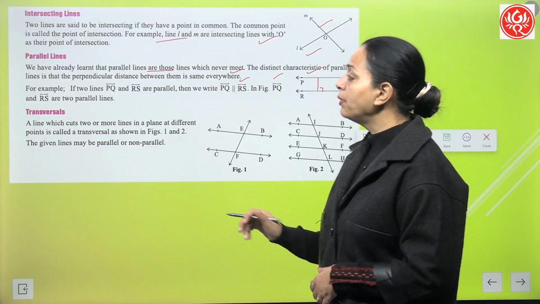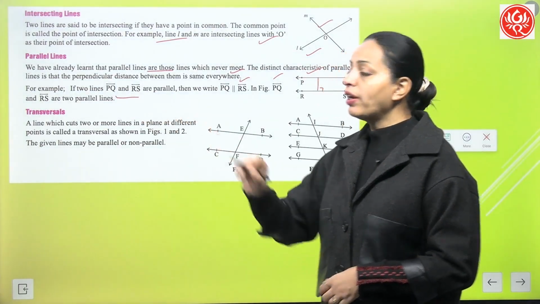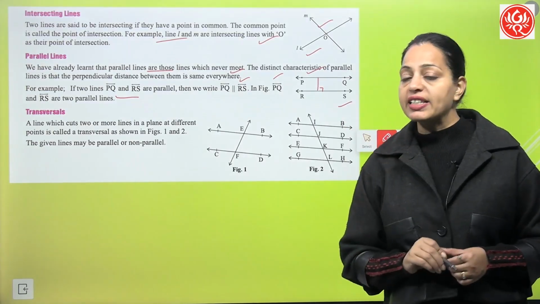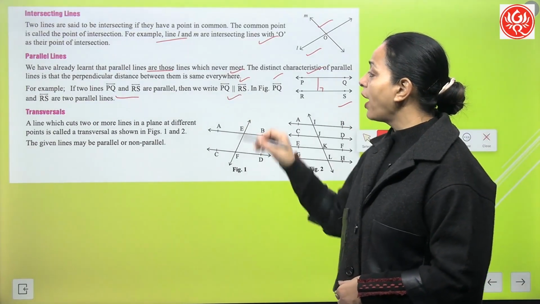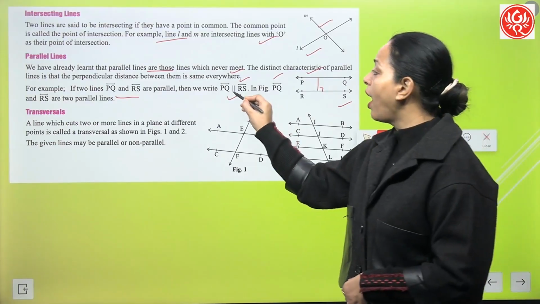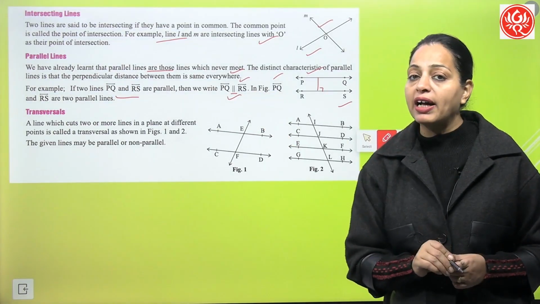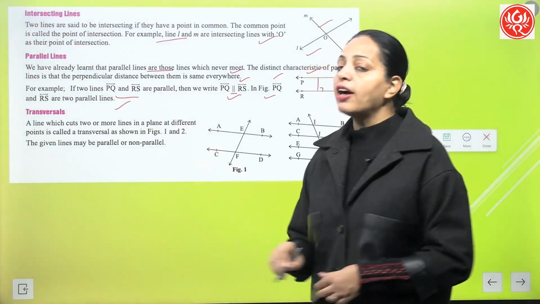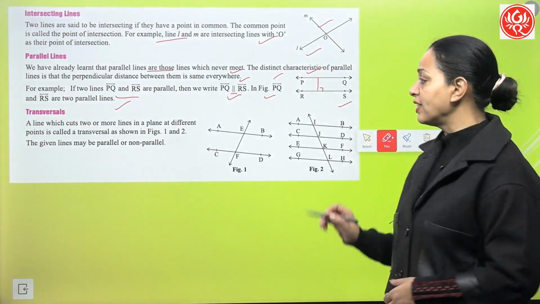Now for example, if two lines PQ and RS are parallel, you can see these are parallel, so we can write PQ parallel to RS. This is the symbol of parallel, okay? So in the figure, PQ and RS are two parallel lines, right?